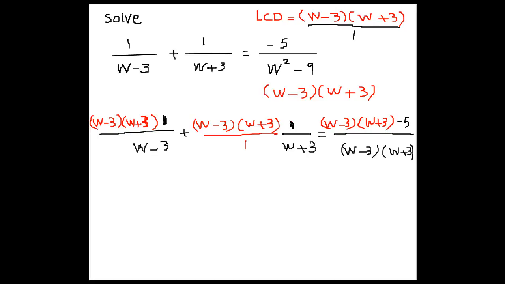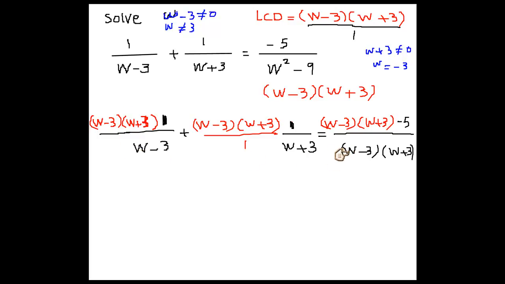W minus 3 cannot be equal to 0. So w cannot be equal to 3. And also w plus 3 cannot be equal to 0. So w cannot be equal to negative 3. Because if I assume 3 here for w, then you get something over 0 which is undefined.